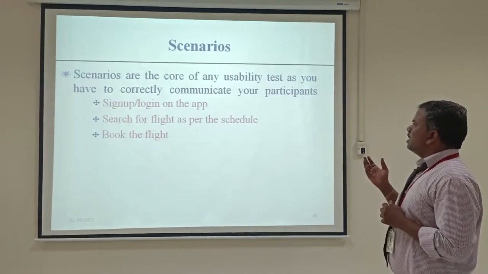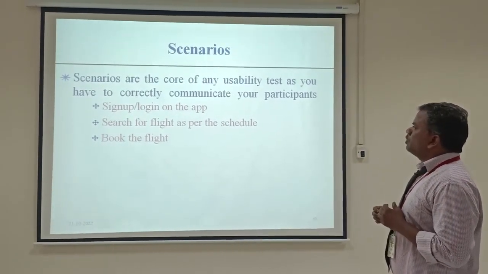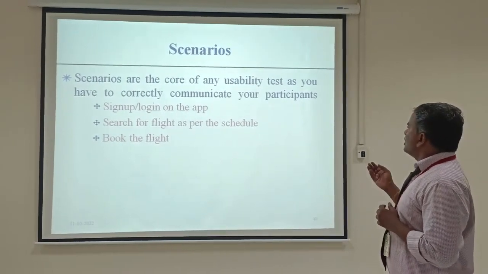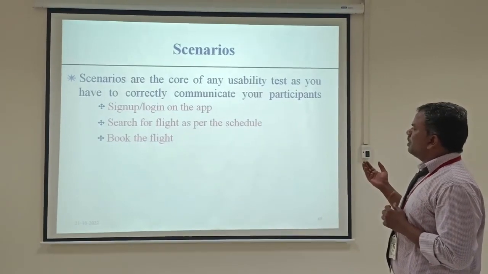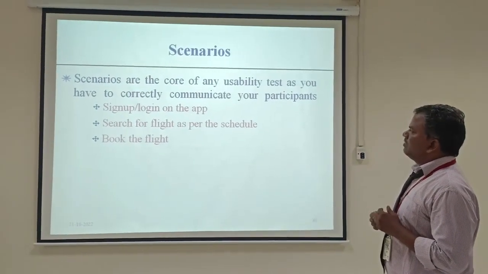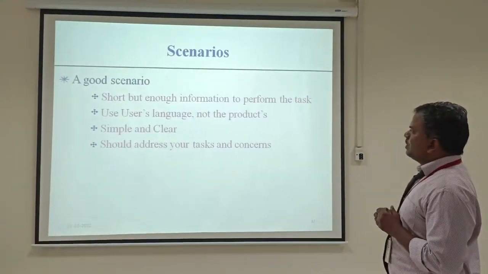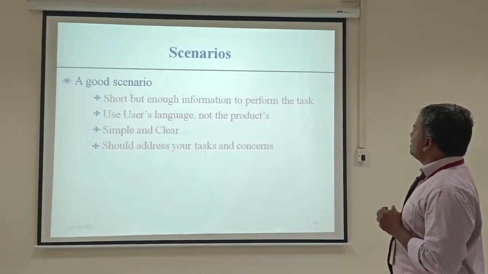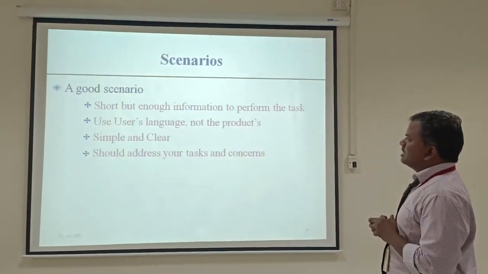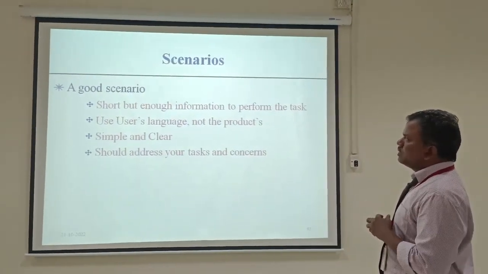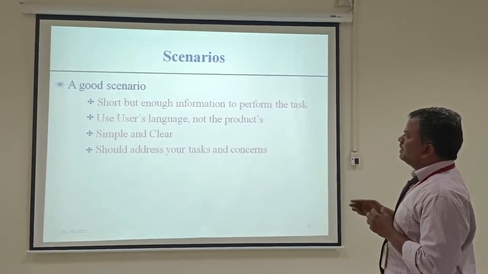Scenarios. Scenarios are the core of any usability test, as you have to communicate correctly with your participants. For example: sign up, then search for a flight, then book the flight. A good scenario is short but has enough information to perform the task. We have short information, only 2 or 3 lines, so users only study those menus.